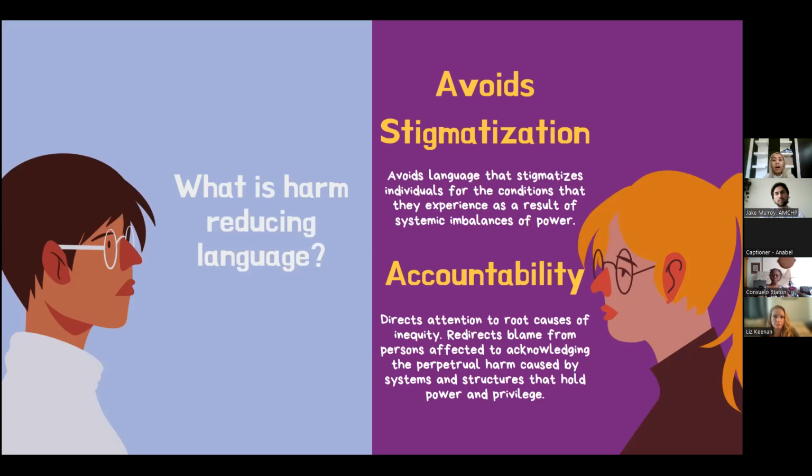One of the easiest or most common examples is when we say that Black women are 3 to 4 times more likely to die of childbirth than other racial groups or their white counterparts. The language does not attribute to what's the root cause.